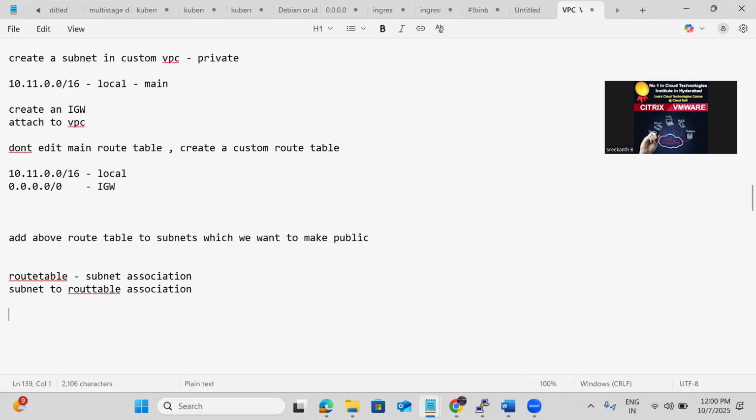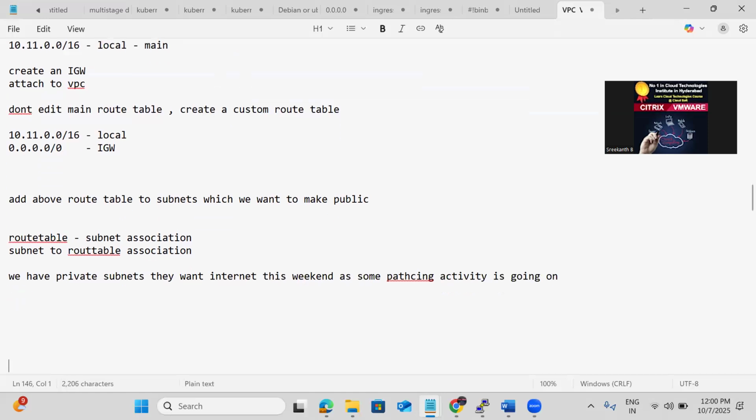Okay, then we have private subnets. They want internet this weekend as some patching activities are going on. So what do we need to do for this?